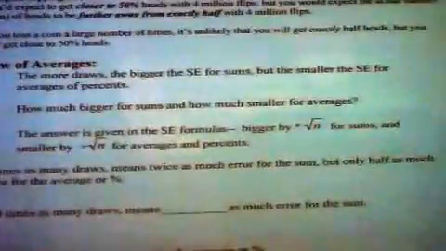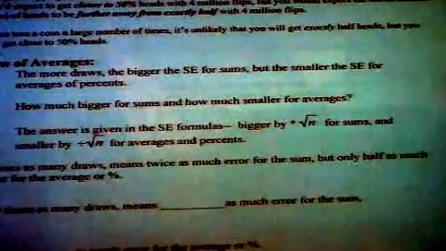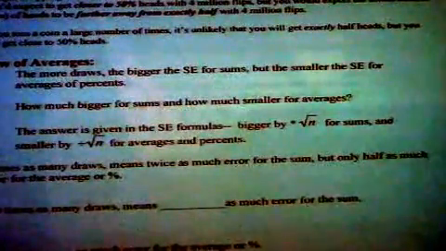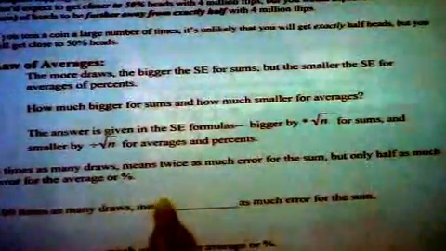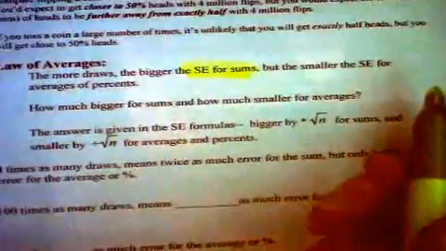Now, this last thing is just to show you the relationship between these. The more times you draw, the bigger the standard error is for sums, because you multiply by the square root of n.